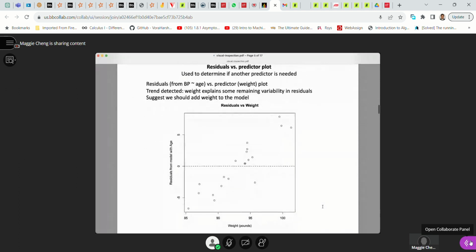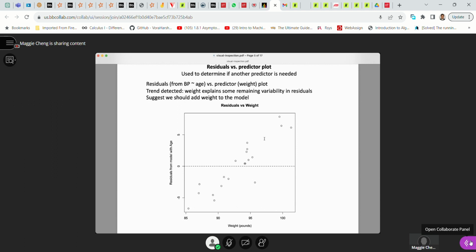But if you plot the residual plot, this is residual versus one of the predictors. So basically, you use only age, one factor, in your model. Then you plot the residual versus another factor you didn't use in the model.